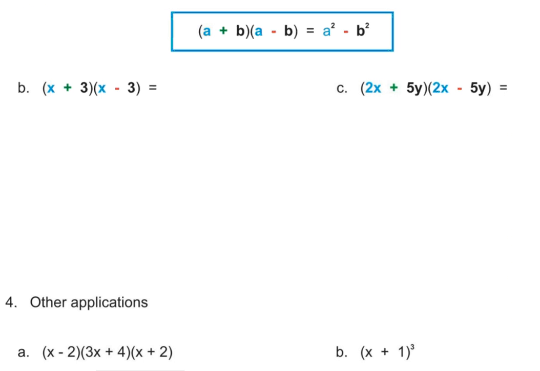What is the A in this case? The A is an X and it gets squared. We use a minus sign. We have conjugates. And the back is going to be the B, which is a 3 squared. And we wouldn't leave that as a 3 squared.